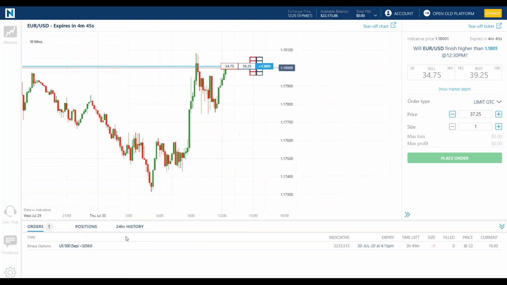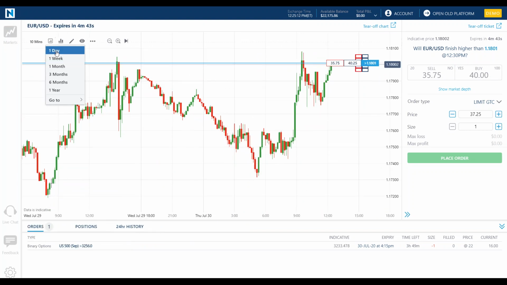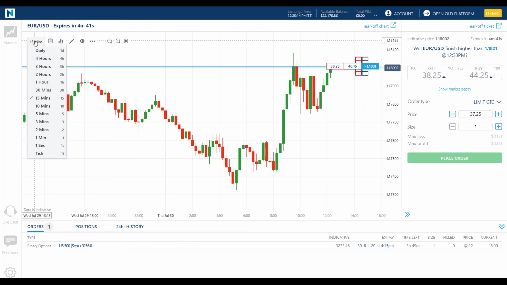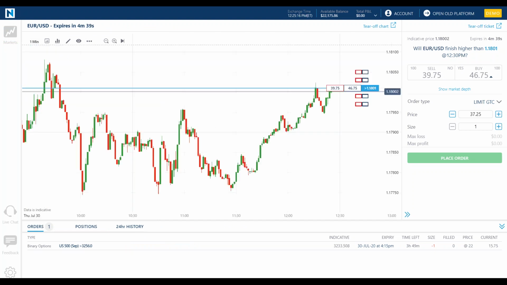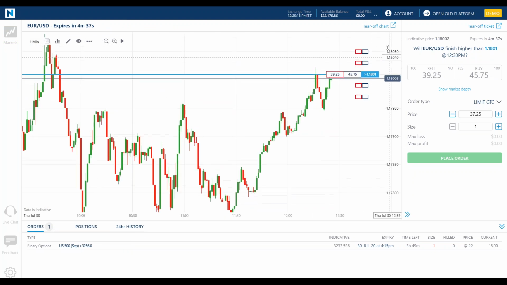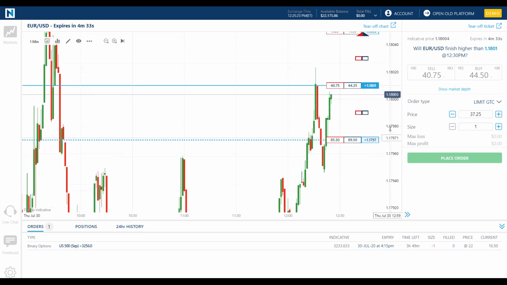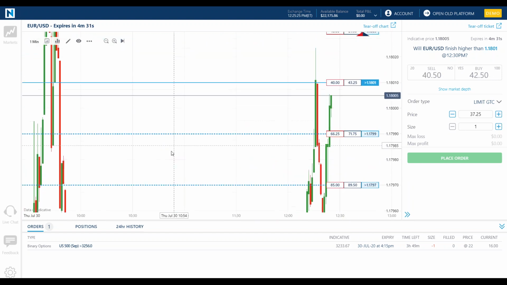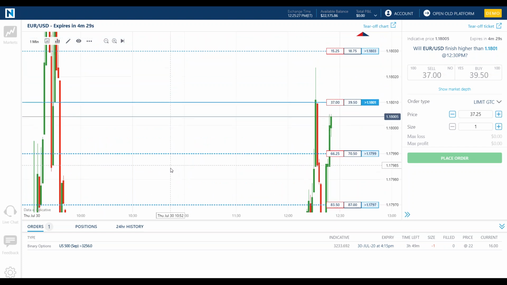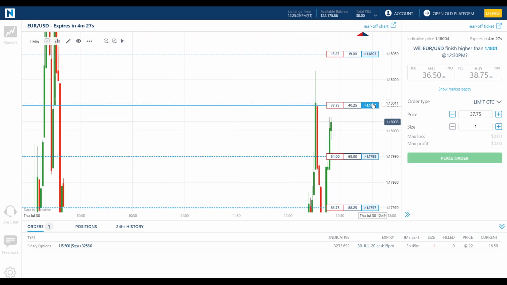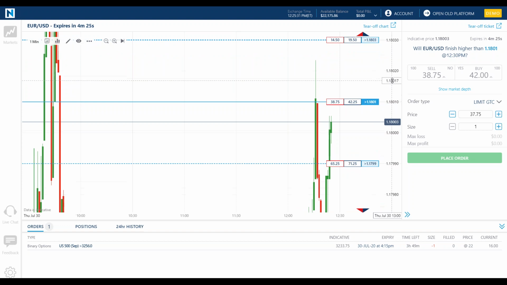Let's go ahead and hide this. Give me a second here. Let's go to a 1-day chart and look at it in 1-minute intervals. And let's zoom in so we can really track what's going on. Let's take a look here.